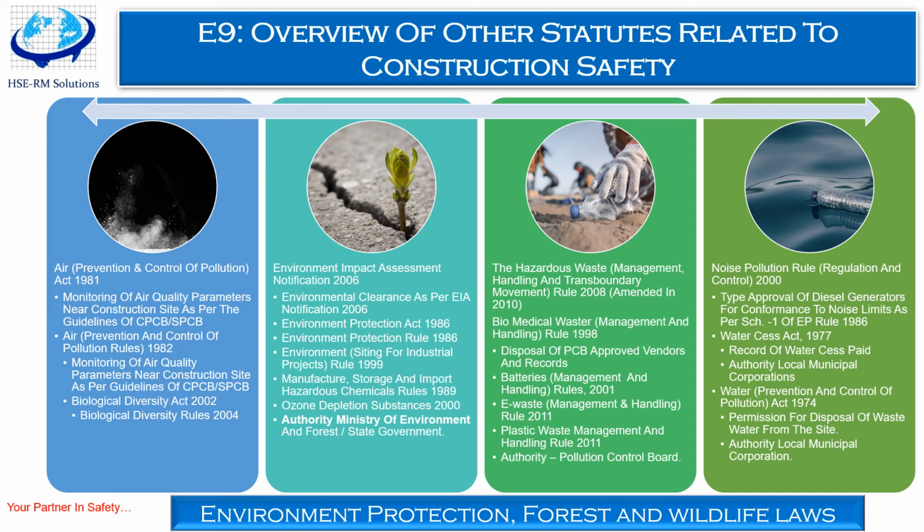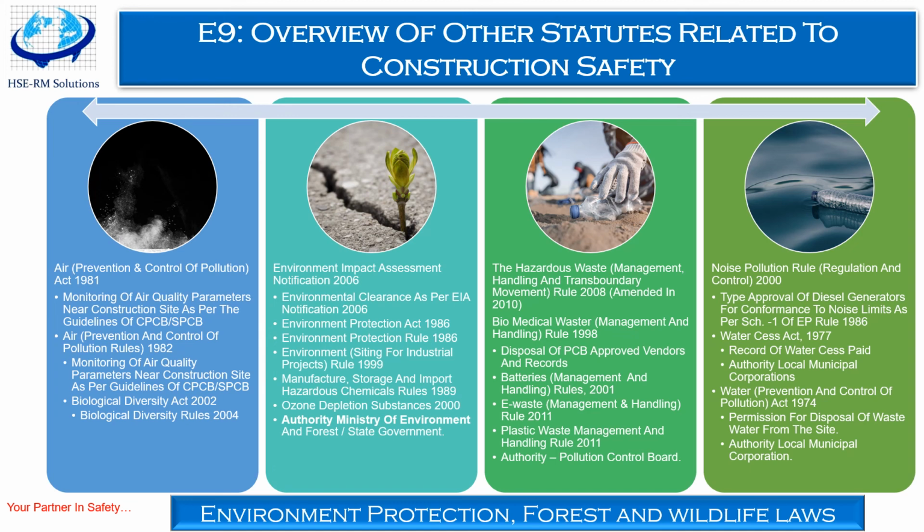For noise also, there is type approval of diesel generators for conformance to noise limits as per Schedule 1 of the EP Rules 1986. So noise is also to be considered as one of the factors. Similarly, water cess is also required. A record of water cess paid is to be maintained.